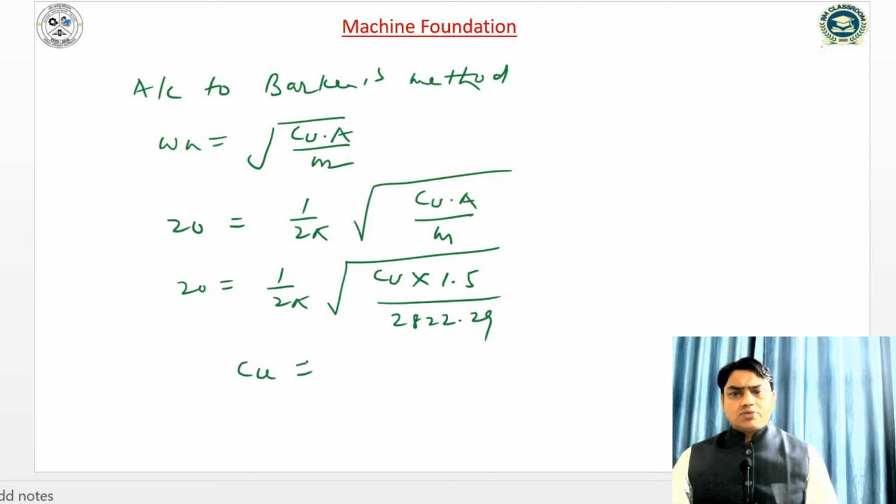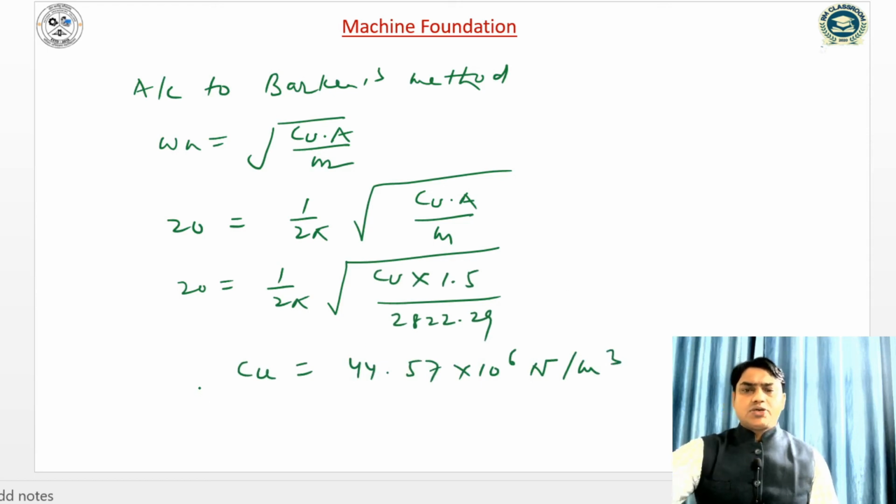So Cu is equal to 40 pi into square root of 2822.29. So it is 44.57 into 10 to the power 6 Newton per meter cube, which is the coefficient of elastic uniform compression.